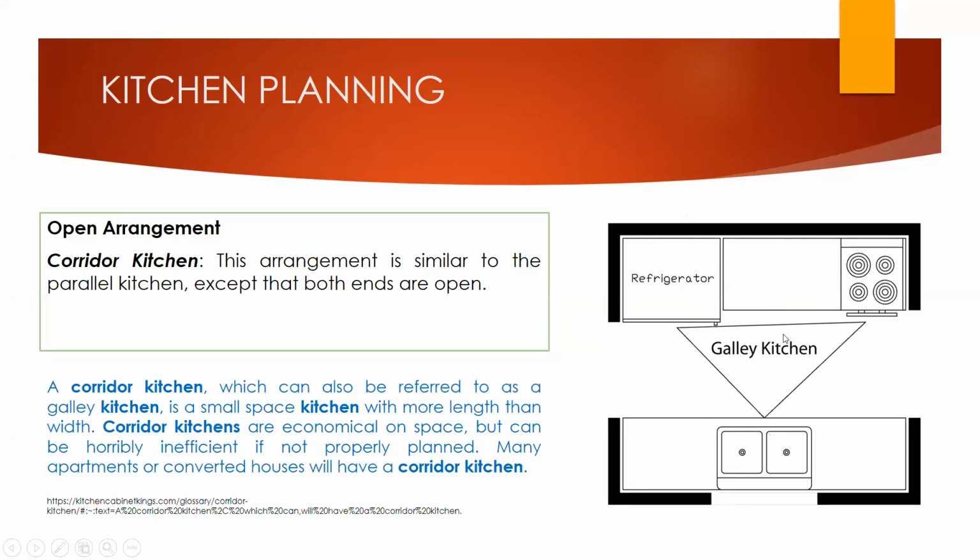This is not a galley kitchen. Because if you remember the traditional galley kitchen, it's closed. One side is closed and the other side is open. This is called a corridor kitchen. Why is it a corridor? Because you have two rooms here and people can use the kitchen as a corridor.